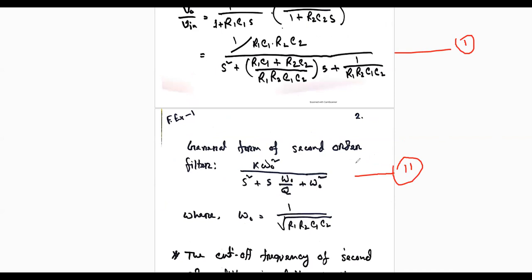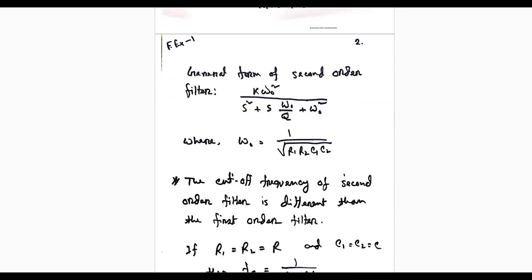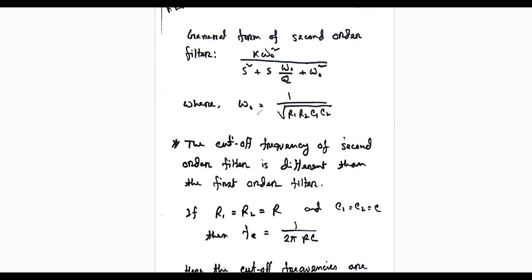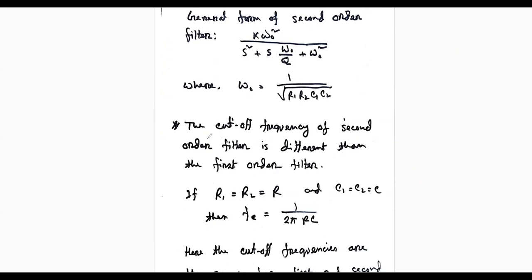If we compare these two equations, we find that omega 0 equals 1 over the root of R1, R2, C1, C2, because this is omega square and it equals this term. This omega 0 is the cutoff frequency.